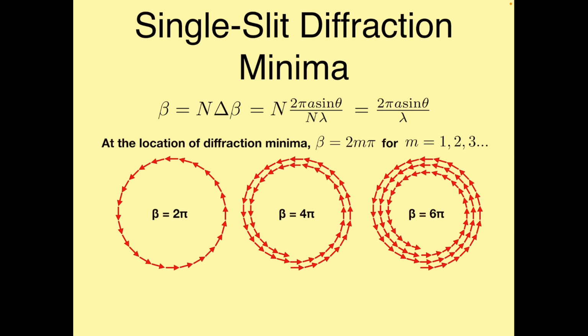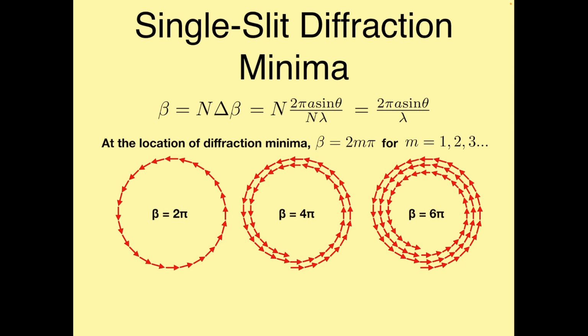And so again, if that beta is equal to 2 pi, that means the phasors have all wrapped around on themselves to form a complete circle. If it's equal to 4 pi, they've wrapped around on themselves twice for 2 complete circles. If it's 6 pi, they've wrapped around on themselves 3 times for 3 complete circles. In any of these cases, what you have is a diffraction minimum, where the intensity is actually 0.